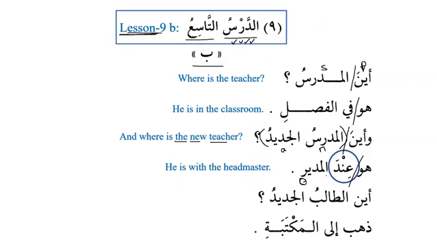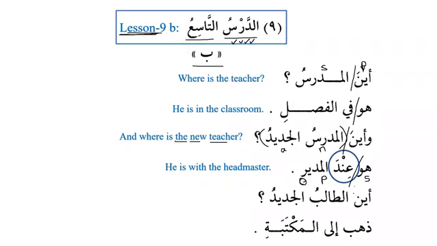Whether it comes in the place of the subject, it cannot be subject, it will always be predicate. So we will say that huwa is subject and عند المدير is predicate. Similarly, تحت المكتب and أمام المسجد and خلف المسجد, whenever we have a dharf plus mudaf ilayh, it is always used as predicate, it cannot be subject.